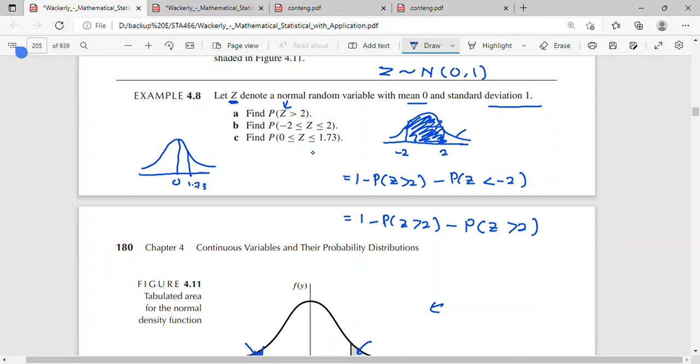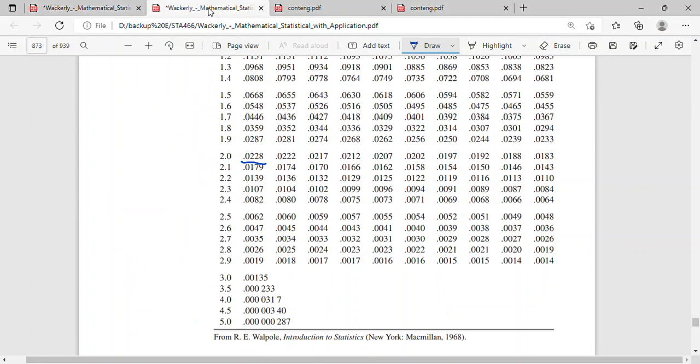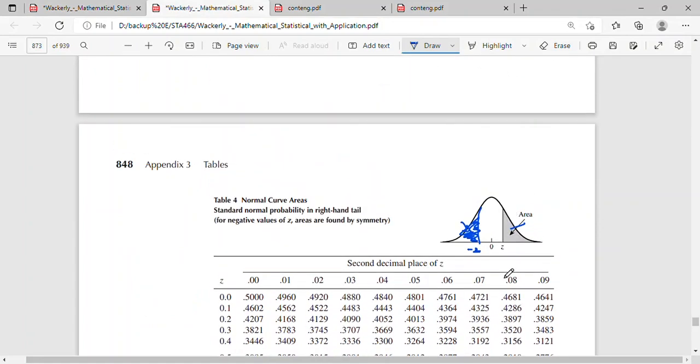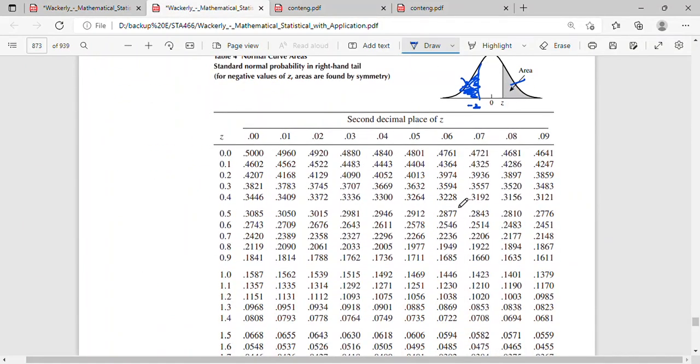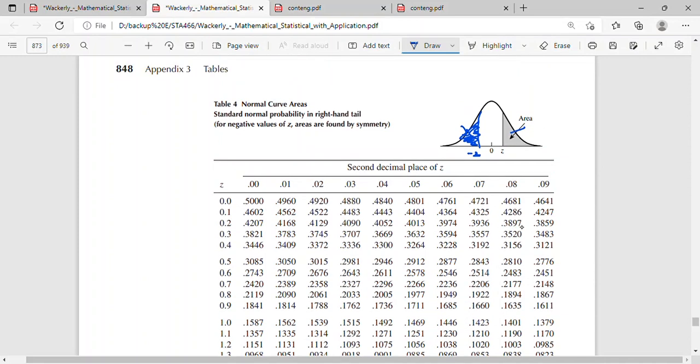Contohnya here. So, nak cari nilai di sini. So, how to get this? It will be, okay, sebab dalam nilai dalam table tu adalah nilai yang positif sahaja, and value 0-nya di sini adalah 0.5. Probability of Z more than or equal to 0, semua sekali di sini adalah 0.5.